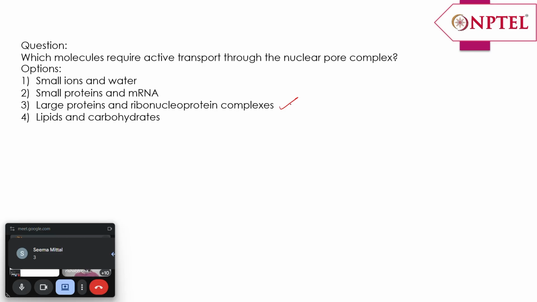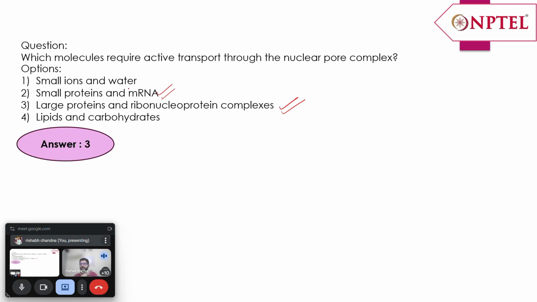Okay, any more answers? So the correct answer is option 3, that is large proteins and the ribonucleoprotein complexes.